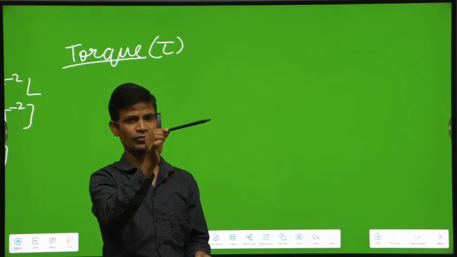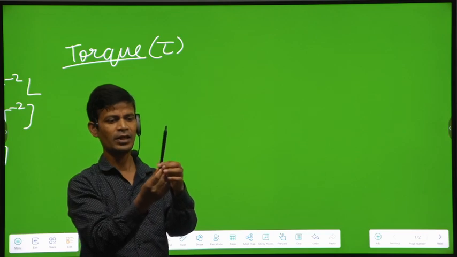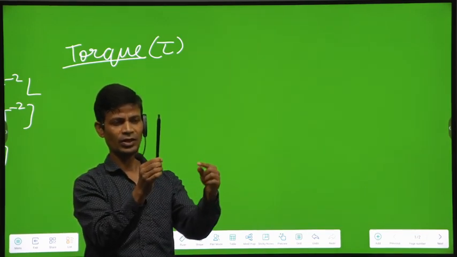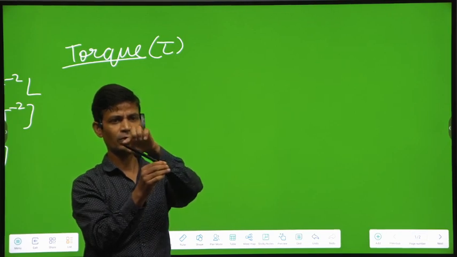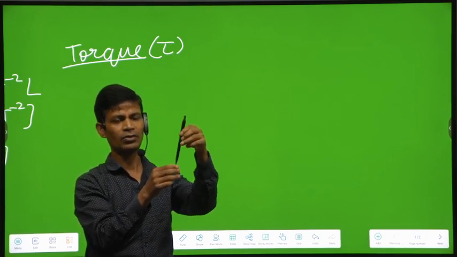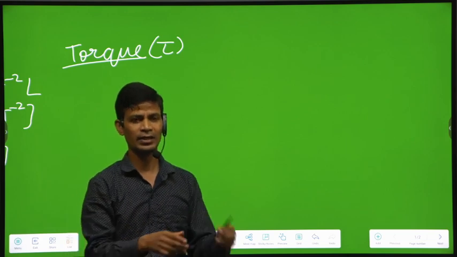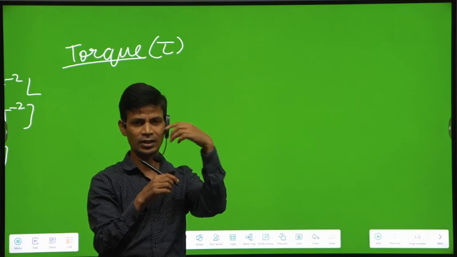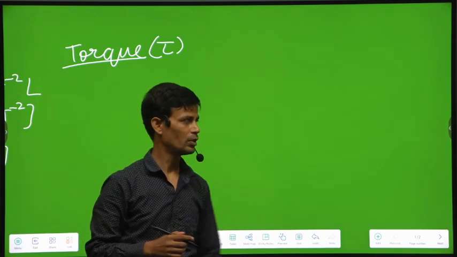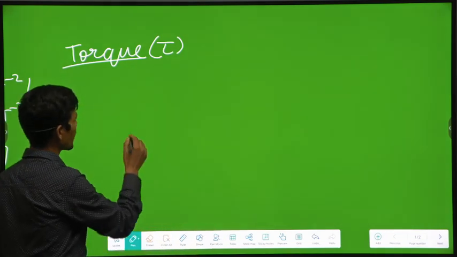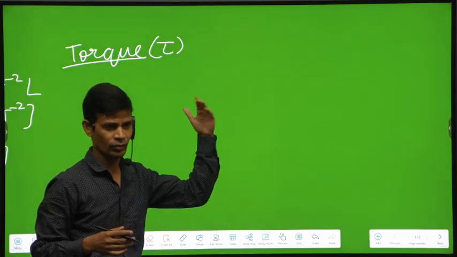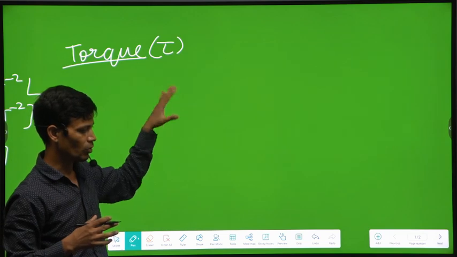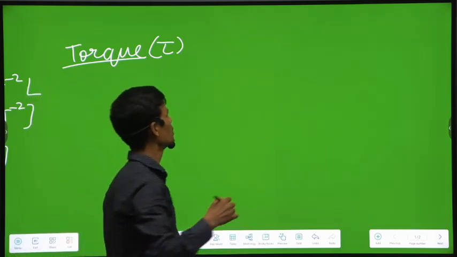Like if I hold this styler at one end and I apply force on the other end, then instead of going in a straight line, it is rotating. That turning effect is called torque. And once again, you will study this torque in the rotational motion chapter.